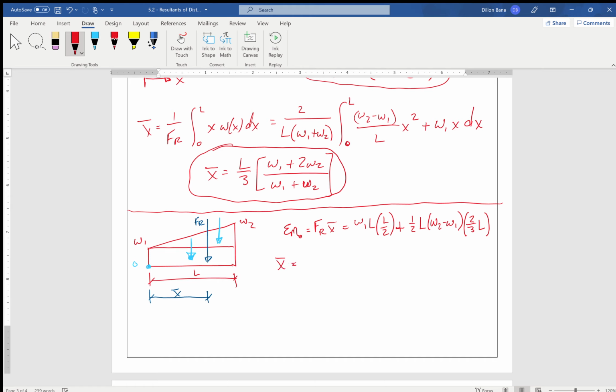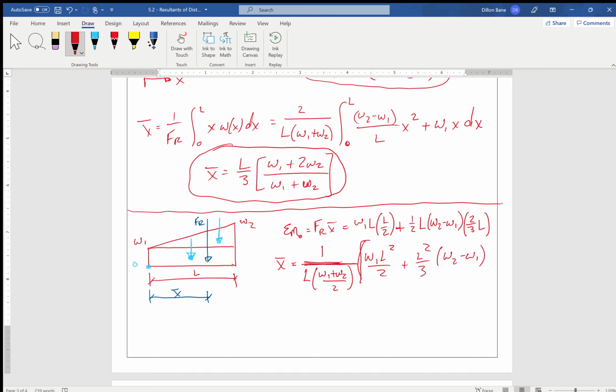So rewriting all of this, X bar is equal to 1 over FR, which is L times (W1 plus W2) over 2, and then you just multiply all of this together, which is W1 L squared over 2 plus L squared over 3 times (W2 minus W1).